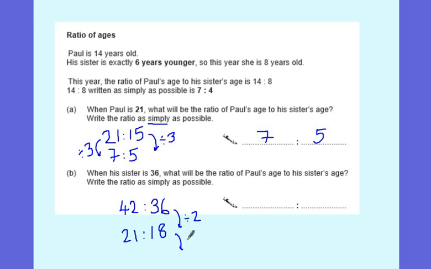We can now divide both sides by 3, which will leave us with 7 to 6. We can't simplify that any further, so that is my final answer. Well done if you got that right, Year 8.